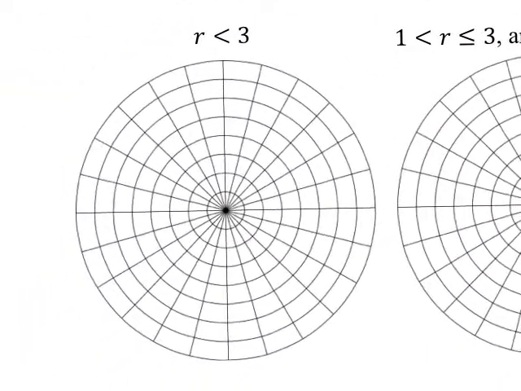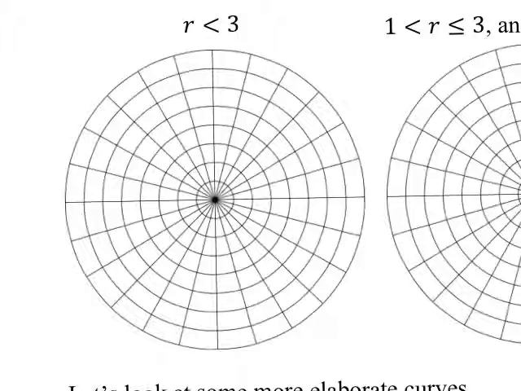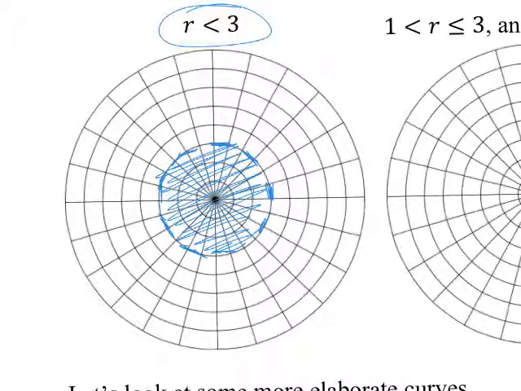We want the region where the radius is less than 3, so that's going to be 1 unit, 2 units, 3 units. So we're going to be drawing a circle of radius 3, and we're dashing it because it does not include 3, and we want all of that region less than, so we're getting the area trapped inside that circle.